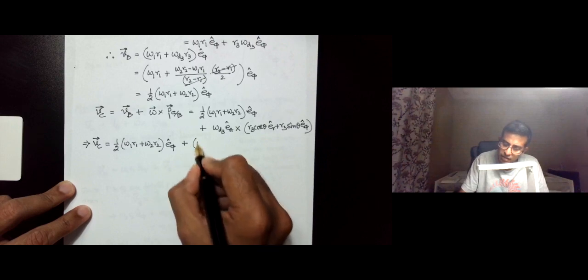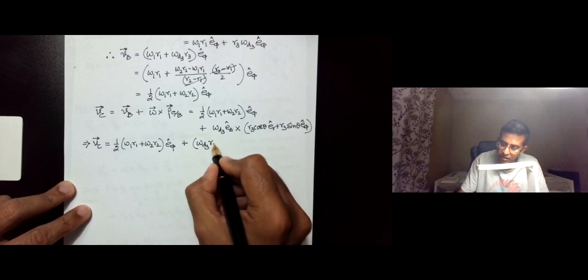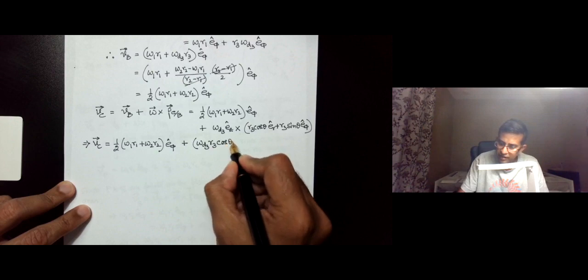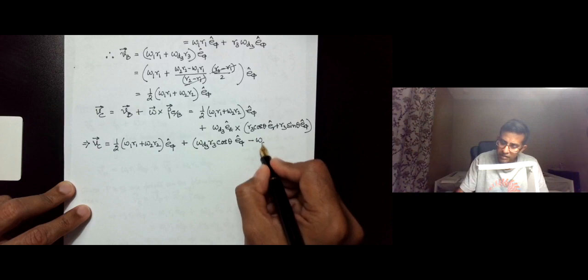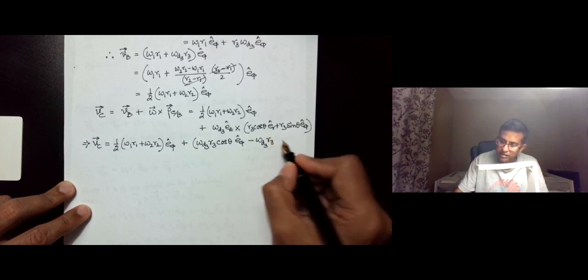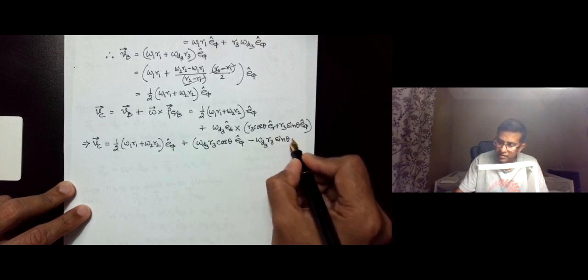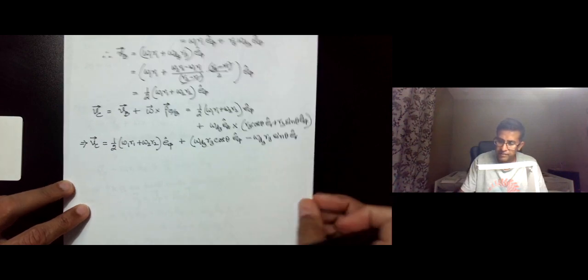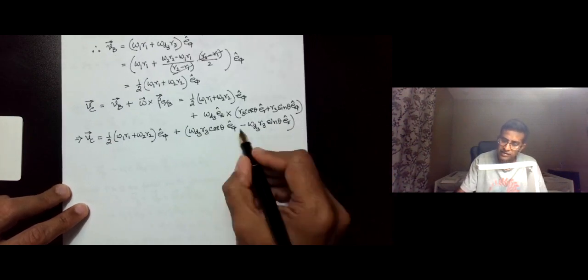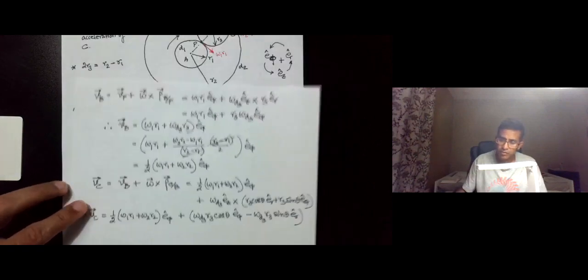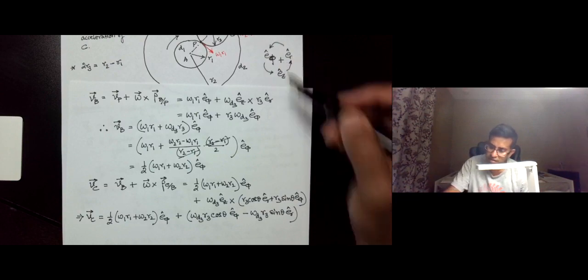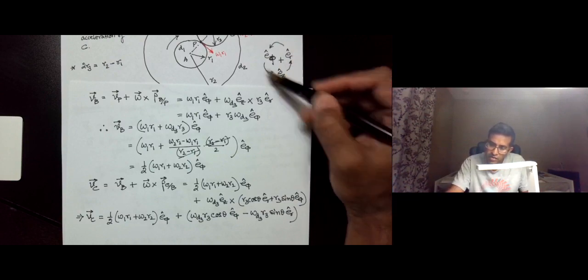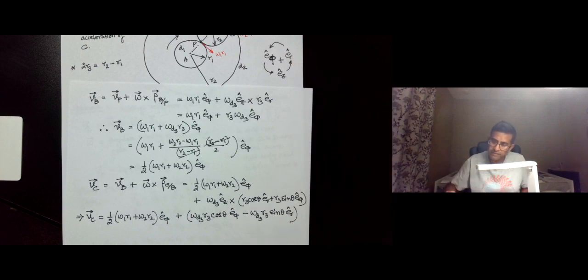So then we have plus omega d3 r3 cosine theta E phi minus omega d3 r3 sine theta ER. And the reason we have this minus is because if you go to the cross product sequence, you will see that Z cross phi gives negative ER.